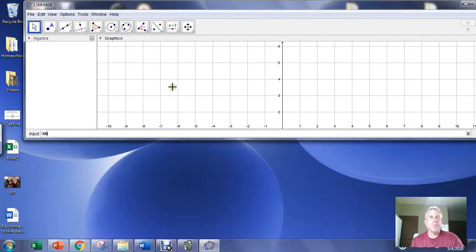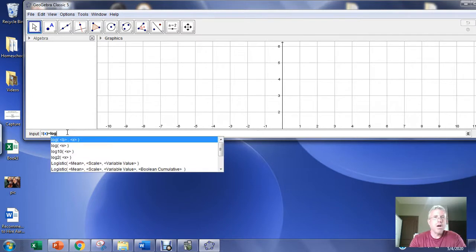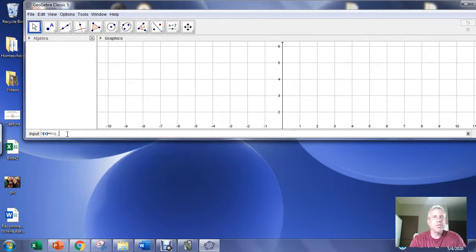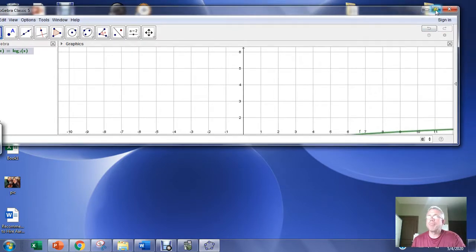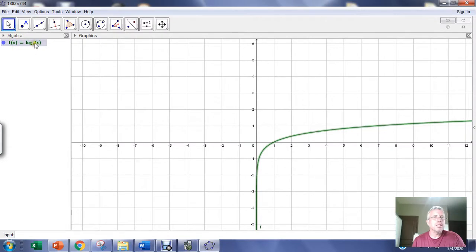We can use other bases, like in the input bar, equals, if I want to do log base 7, I hit the underscore button and put 7. So if you do underscore and then the base that you want, you can see that it's slotted that base into the correct position.